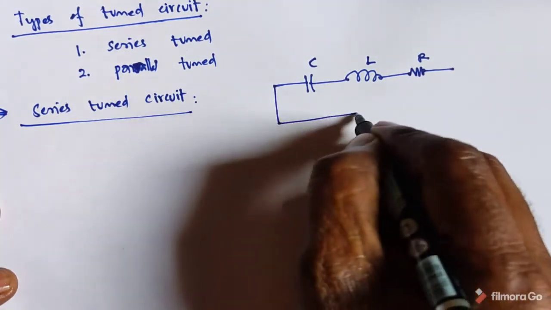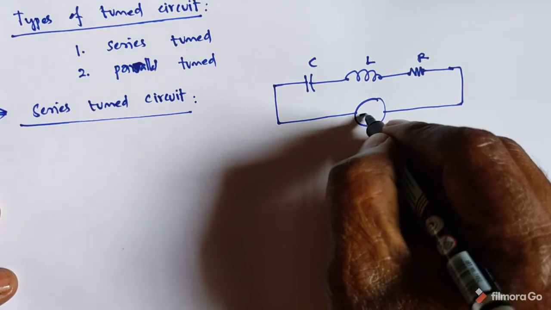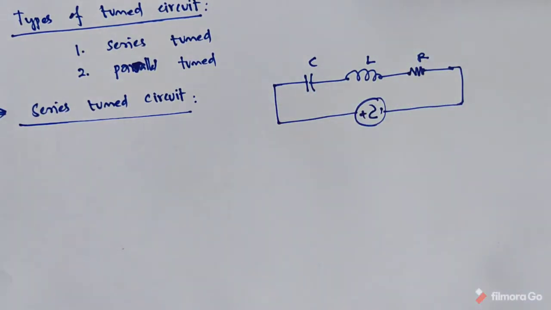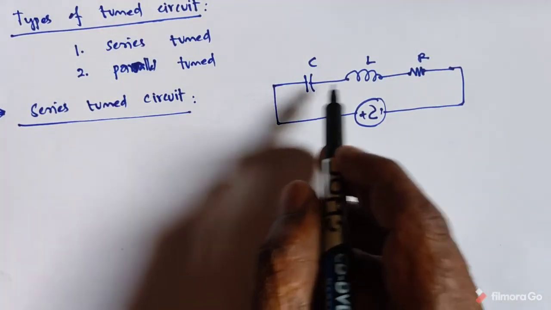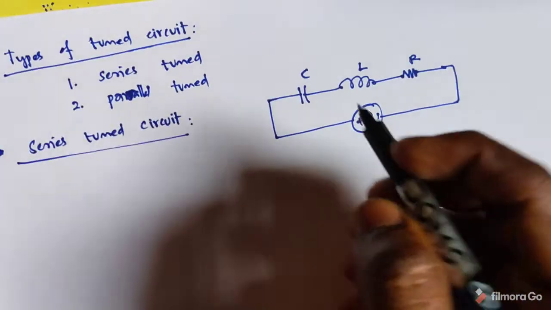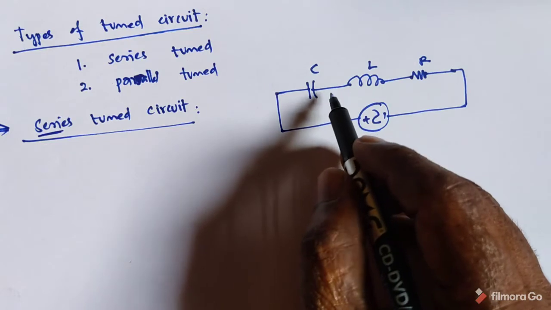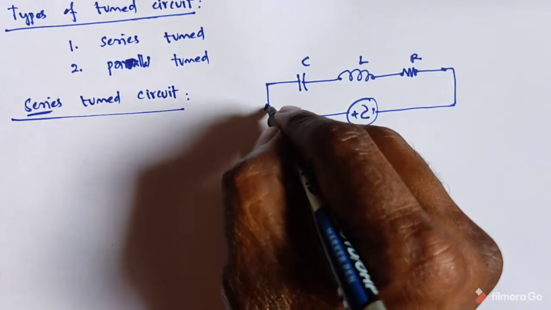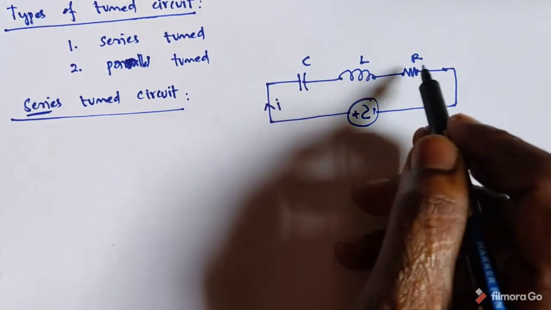If you apply the AC signal in this case, this is the actual circuit diagram, where the inductor and capacitor connected in series make a series tuned circuit. What is meant by series connection? The elements have the same current. Here the same current is passing through the inductor, capacitor and resistor.